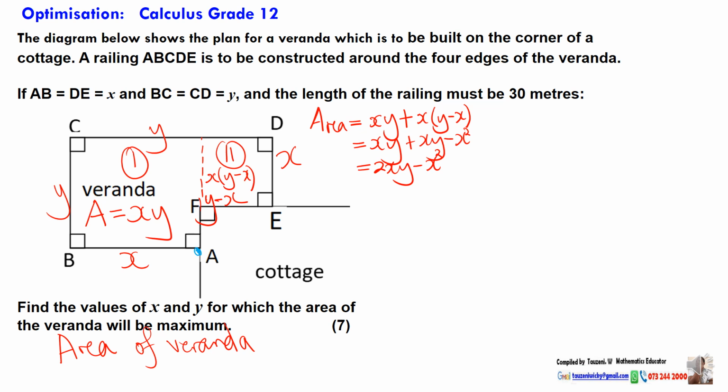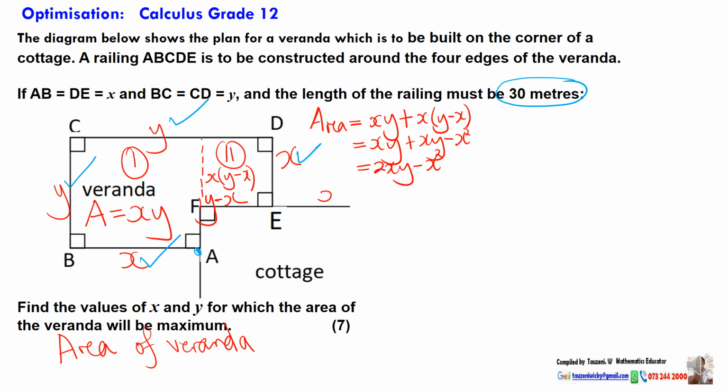In our case, we are told that the railing that is to be used for making this veranda is 30 meters long. It means the railing starts from A to B, that's x, B to C, that's y, C to D, that's another y, and D to E, that's x. If you add all those numbers, they must give us a total of 30 meters because the railing has got 30 meters. So we're going to add them.